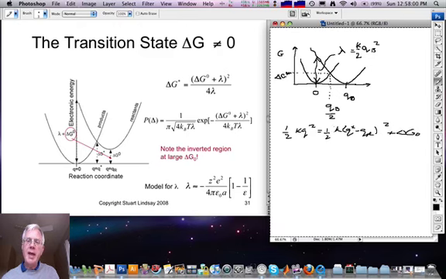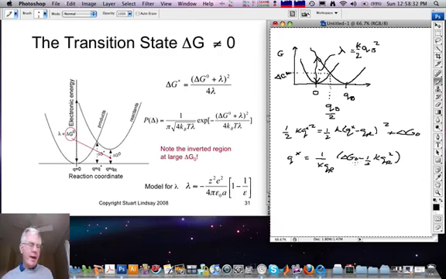This occurs at the transition state, which I'll label as q star, and we can then solve this for q star. The result we obtain is that q star is equal to (1/k q_R)(delta G0 minus 1/2 k q_R squared).